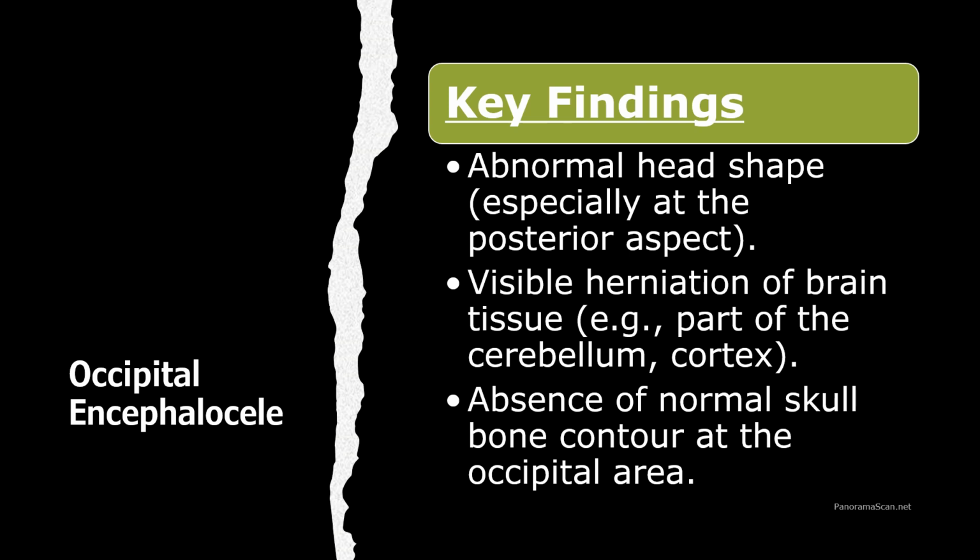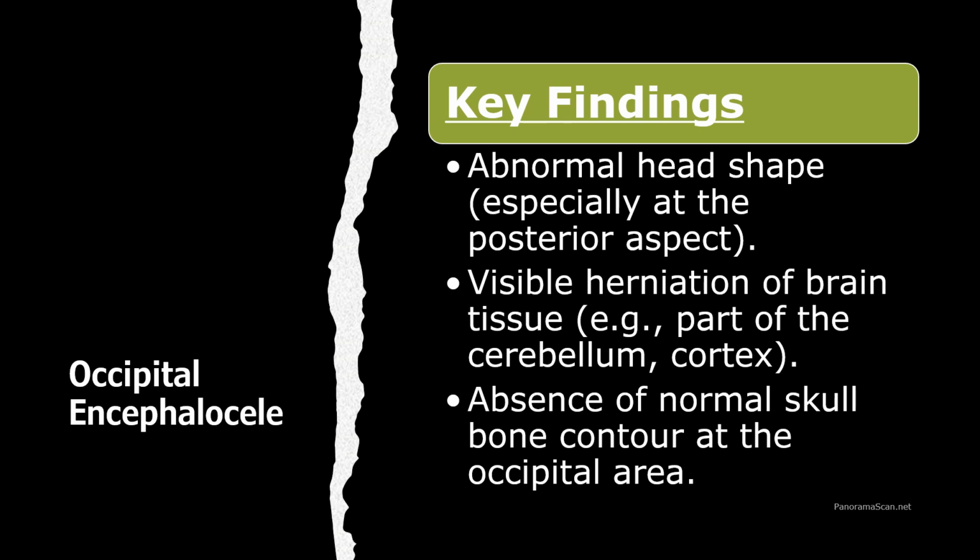Second, we may detect visible herniation of the brain tissues, which could involve part of the cerebellum, cortex, or other regions of the brain. Identifying these components within the sac is essential for assessing the severity and potential complications of the anomaly. Finally, there is often an absence of the normal skull bone contour at the occipital area.